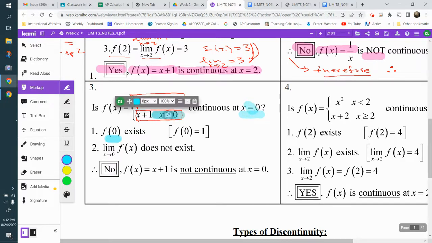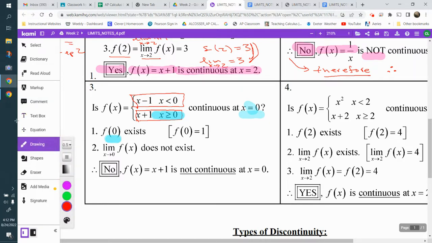This is the only inequality that has an equal to it. That's why we have to use this one. Okay? So if I plug in 0 to this bottom one, this comes from plugging in f of 0 into x plus 1, which gives us 0 plus 1. All right? So that exists. Check mark. Number 1's done.